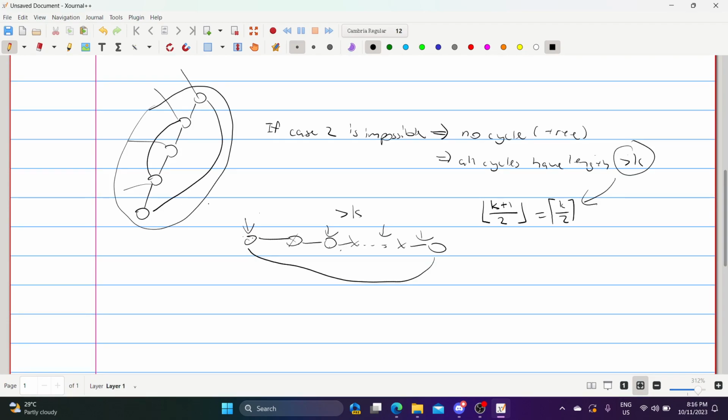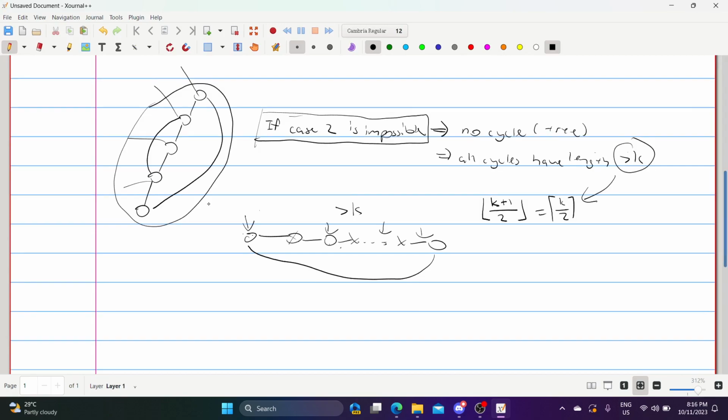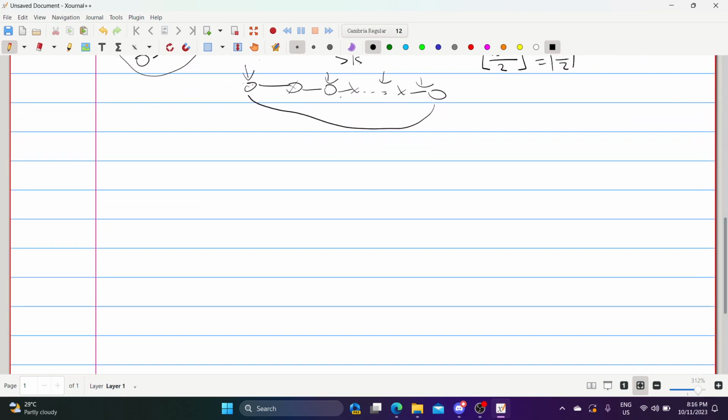So now the only problem is, how do we determine whether case 2 is possible or not? In order to do this, we use back edges. We do a DFS, all of them are tree edges, until the first time we see one back edge. The moment there's one back edge, we stop. We know that this is the first vertex that has a back edge.